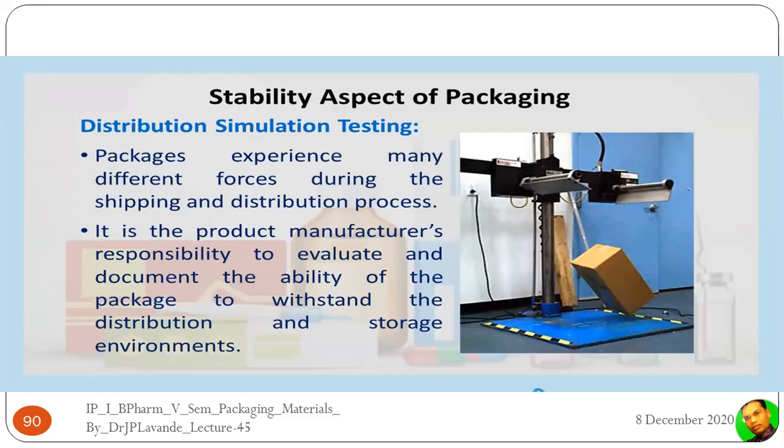You might have seen on most packaging material it says do not use hooks, or it is fragile, handle with care, right? That is the responsibility of the manufacturer. Not only should they give instructions, but the package should have that much strength in order to protect the product.